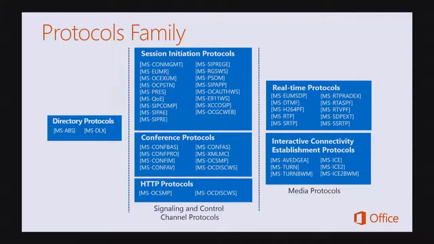And the third one is how to transfer that data between users. So these are the 3 parts of the protocols. These 2 protocols are for getting the user data, those protocols are used for transferring the real-time data, and those protocols are designed for creating the sessions, like how to transfer that data.